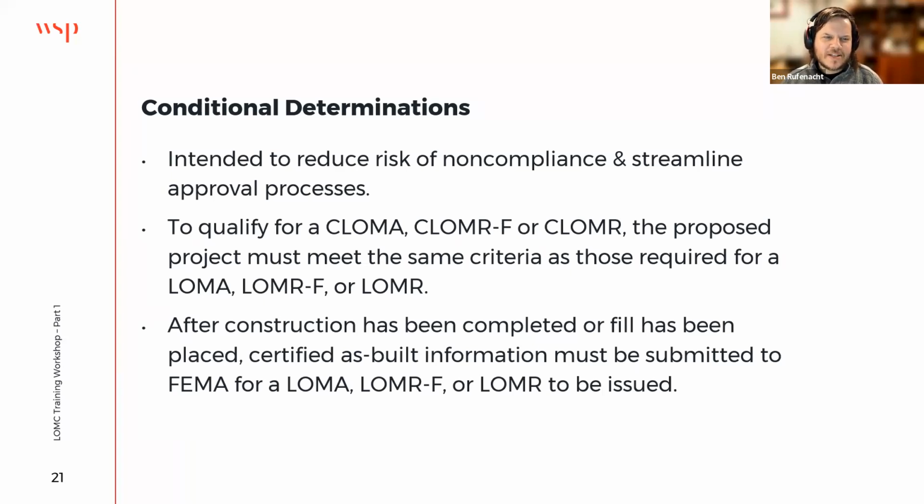You're going through the same process as for the LOMA, LOMRF, LOMR, but you are doing it before anything is built to make sure that it's going to meet all those requirements. Again, you still need to go through the LOMA, LOMRF, LOMR process and file the application just like you would after the construction is completed. It's just that the review is going to go smoothly at that point.